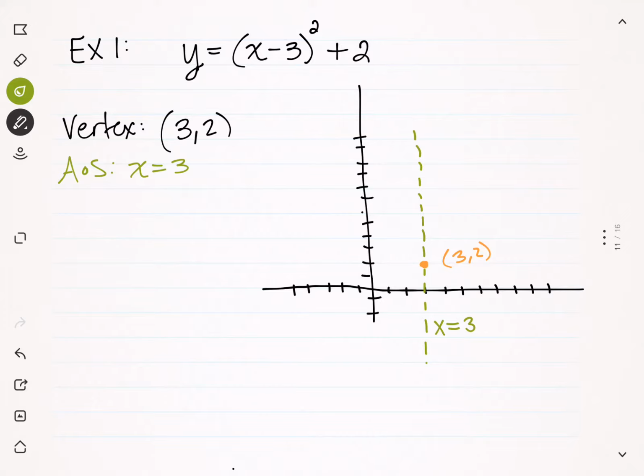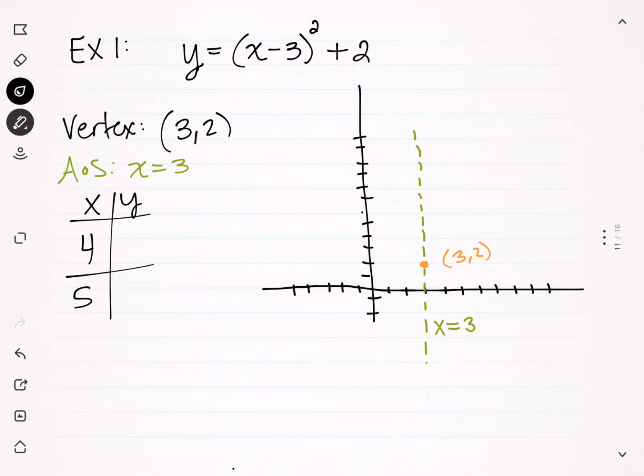Now the third step is going to be to take 2 points on the right of our vertex. Our x value at our vertex is 3. I'm going to make a table here, and I want to choose 2 points to the right of that value 3. So how about 4 and 5?